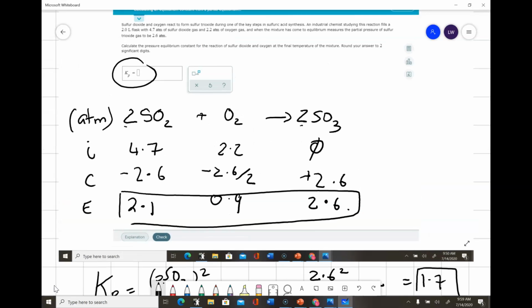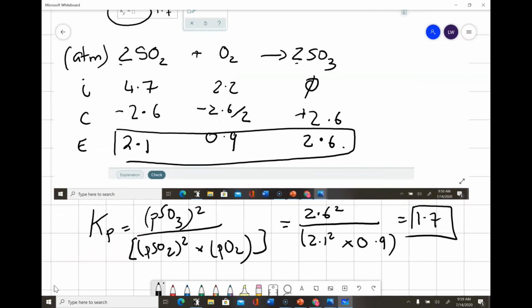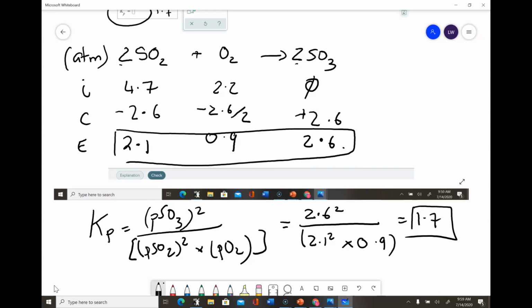Okay, so that's it. Kp is 1.7. Just check my sig figs, 2 significant figures. Okay, all makes sense to me. Unless I've made a typo on the math, that should be it. I'm just going to put that answer in one more time. Yep, definitely 1.7.